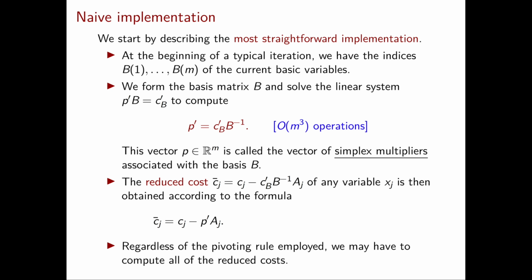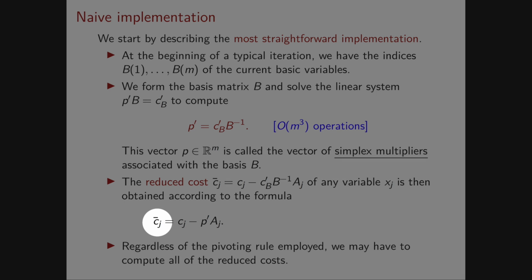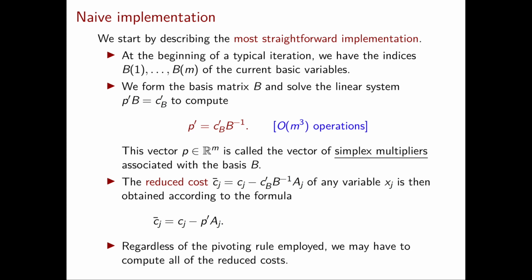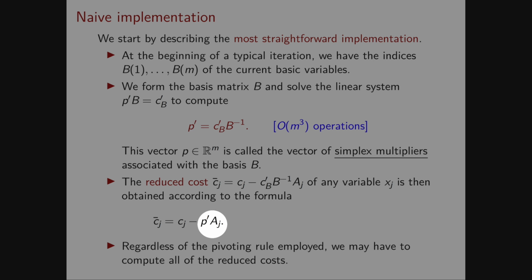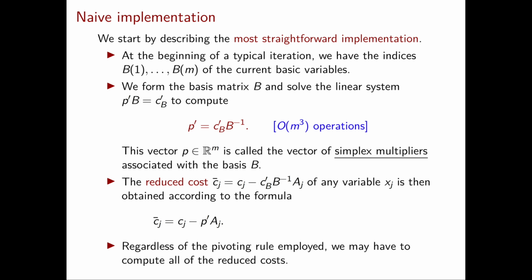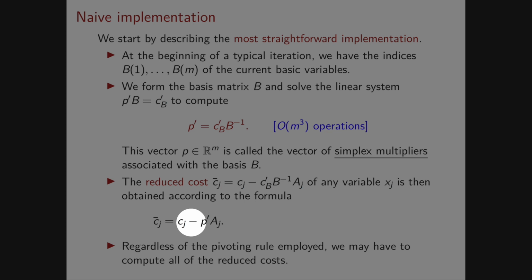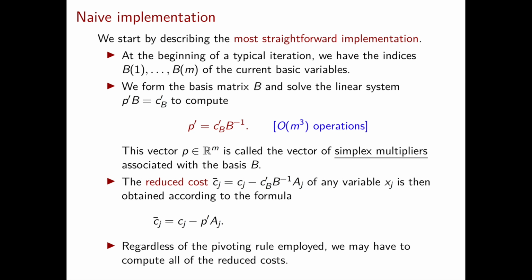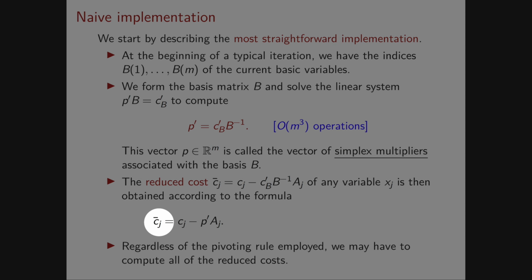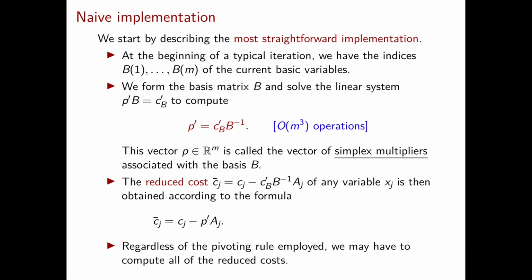So how many operations does it now take to compute one reduced cost c bar j? The first thing we need to do is compute the inner product p transpose Aj. These are two m vectors, so it takes big O of m. Then we only need one more operation, which is this subtraction. So in total we have big O of m operations to compute one reduced cost c bar j.